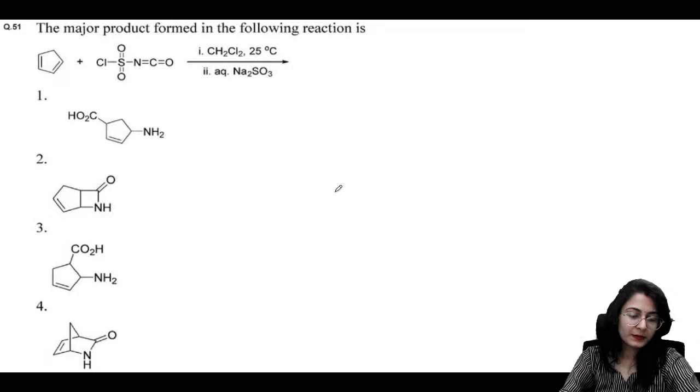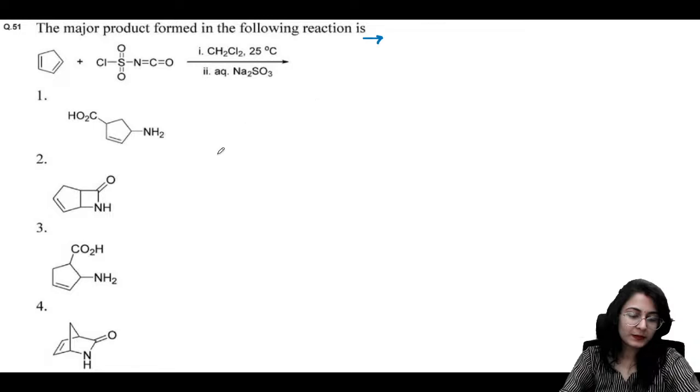All right. So, what is the major product in the following reaction? Very simple.